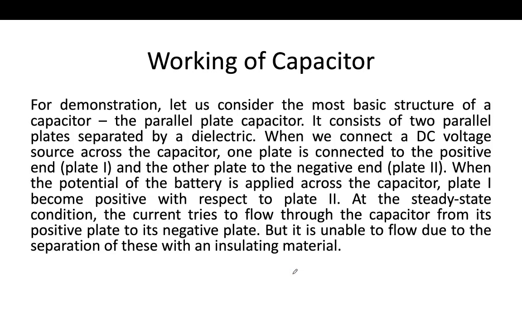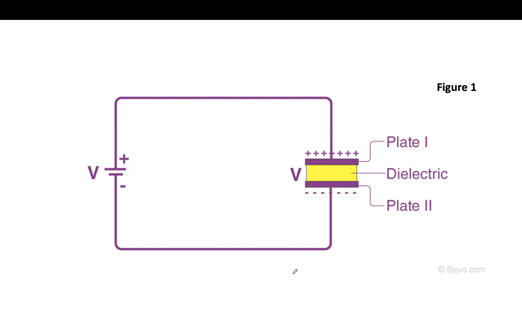Now we talk about the working of a capacitor. This theory you can read, and I will explain from the diagram. Look at this diagram. Here is one capacitor, this one, and this is our voltage source.